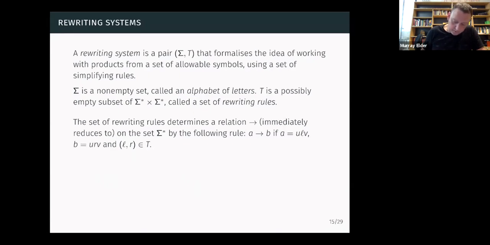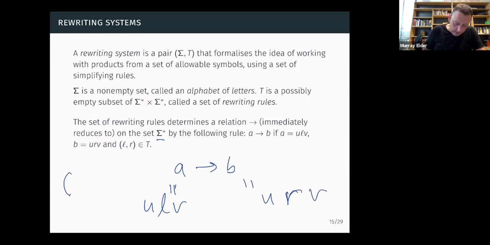The set of rules, rewriting rules, T, determine a relation on the set of all strings that you can form out of those letters, finite strings. So A goes to B if A is equal to U something B, and B is equal to U something else B, where L and R were one of the rules.